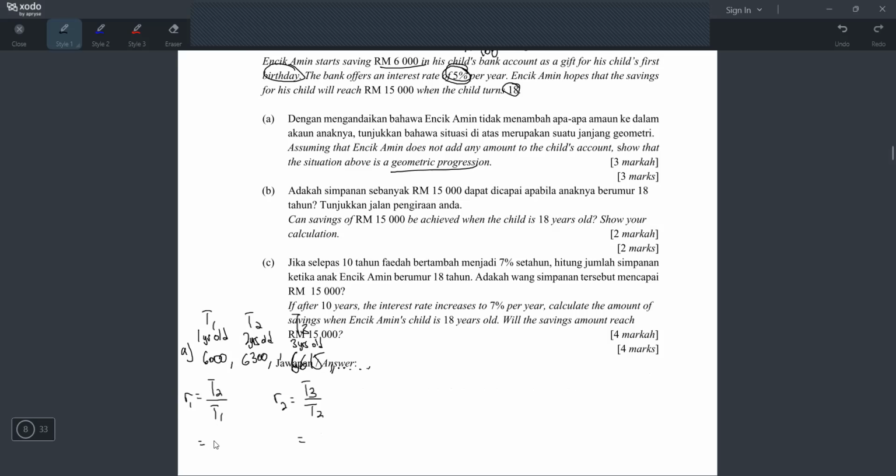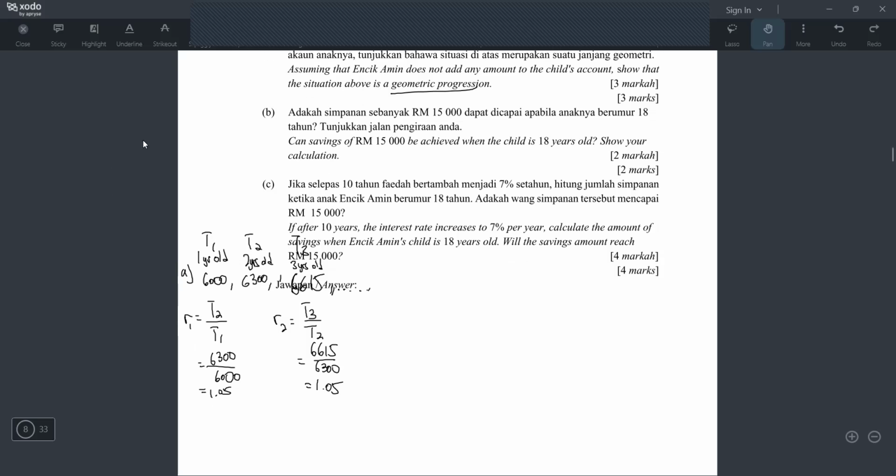So T2 divided by T1, 6,300 divided by 6,000. I already know it will be equal to 1.05, right? And then this one is T3 divided by T2, which is 6,615 divided by 6,300. And I also know the answer to it is 1.05 as well. So now we have actually shown that it's geometric, right?